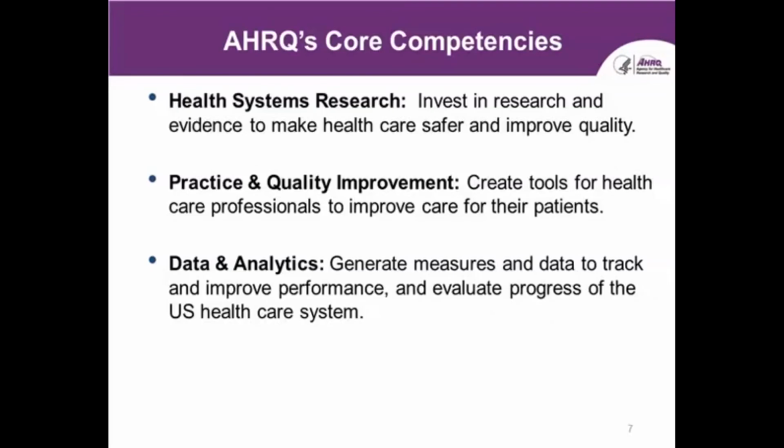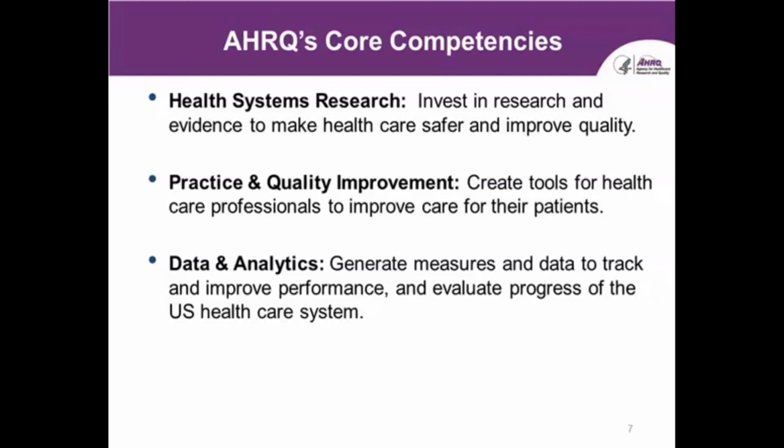So I want to tell you a little bit about the Agency for Healthcare Research and Quality. We're a research and development agency, Department of Health and Human Services, or a science-based agency. And so what we do is what's on this slide. We invest in research and evidence to make healthcare safer and improve quality. We create tools for healthcare professionals to use to improve care for their patients.